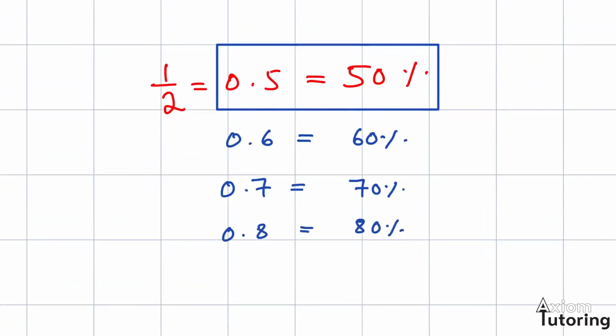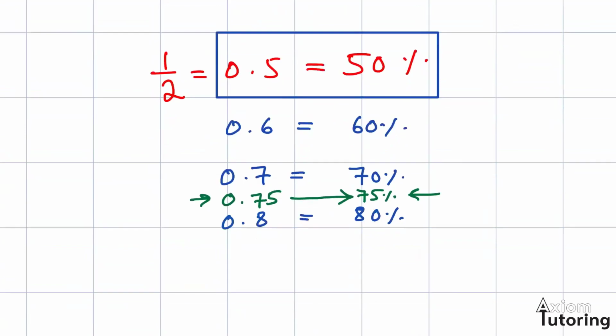That's 80%. Well, what's in between 70% and 80%? 75%. What's in between 0.7 and 0.8? 0.75. So 0.75 is 75%.